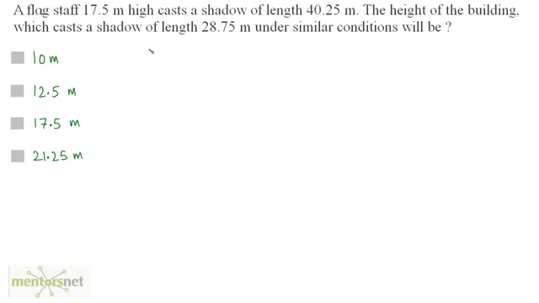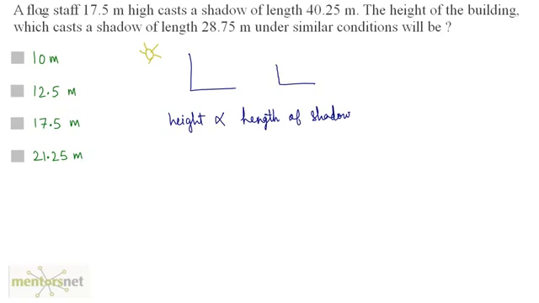To find it out, let us assume that we have the sun here and a pole of some height. So the shadow it will cast will be approximately the same as its height, right? If the pole is of shorter height, the shadow will also be shorter, right? Hence, the height and the length of shadow are directly proportional to each other.